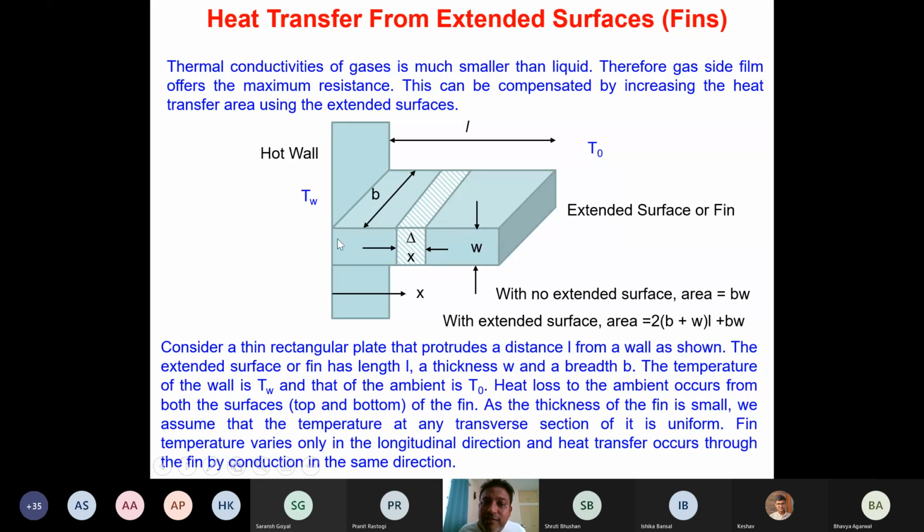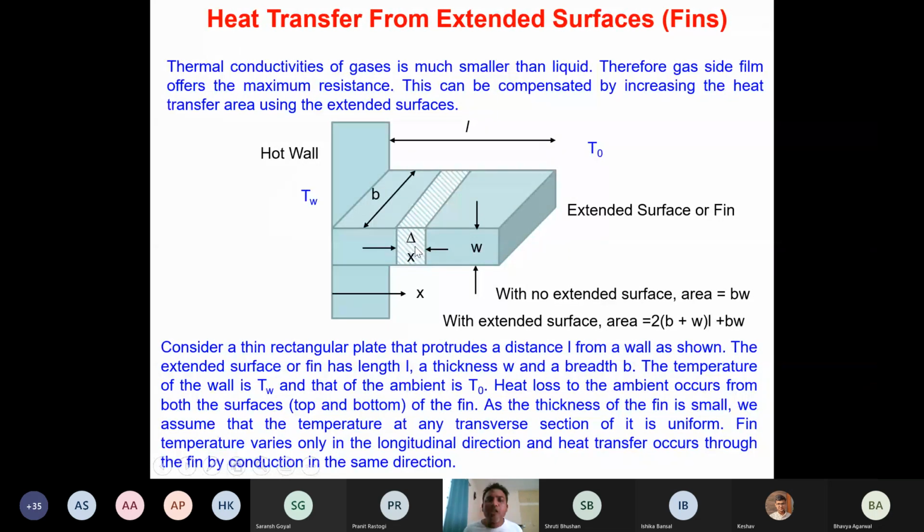Since here it is connected to the vertical surface, the heat is obtained only by conduction, isn't it? So Q we have obtained only at this X equals 0. Whatever amount of heat is obtained by this fin is getting dissipated from the top surface, bottom surface, side surfaces, and also this longitudinal surface here.